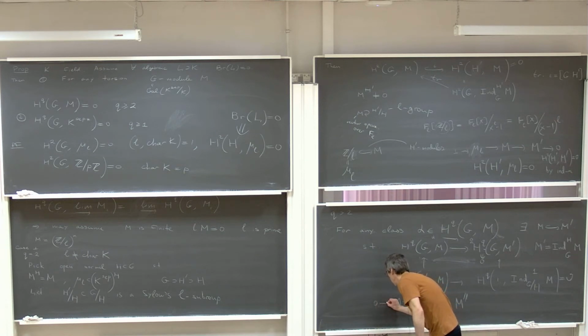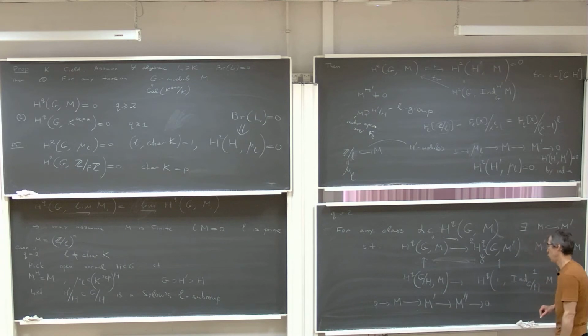And you look at the exact sequence, and what you see is that you have H Q minus 1 of G with coefficients in M double prime mapping into H Q of G with coefficients in M, and this goes to H Q of G with coefficients in M prime.